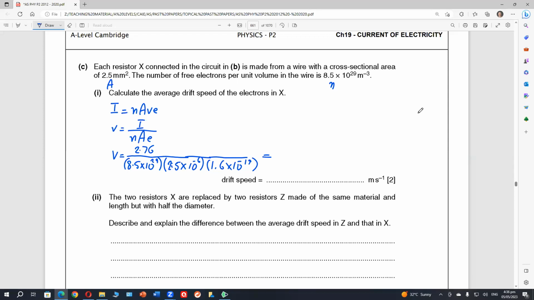Can you repeat, please? 8.14 into 10 power minus 6. It's coming very small. But it can be, obviously, it's a conductor.